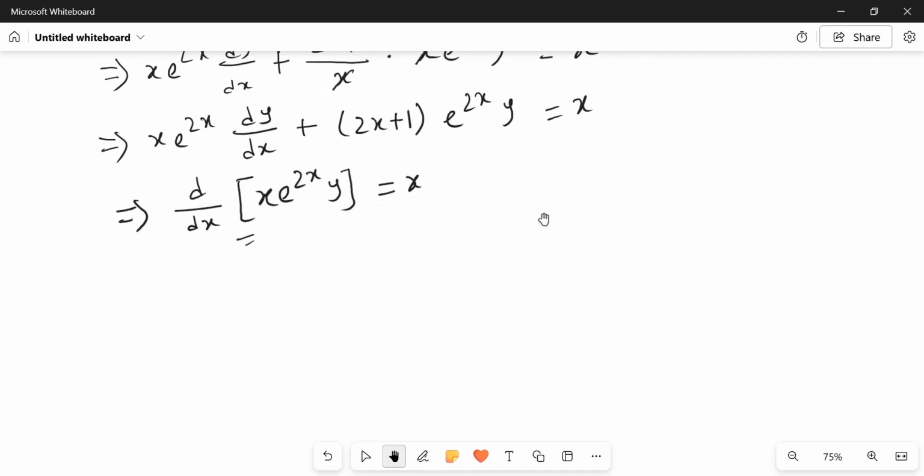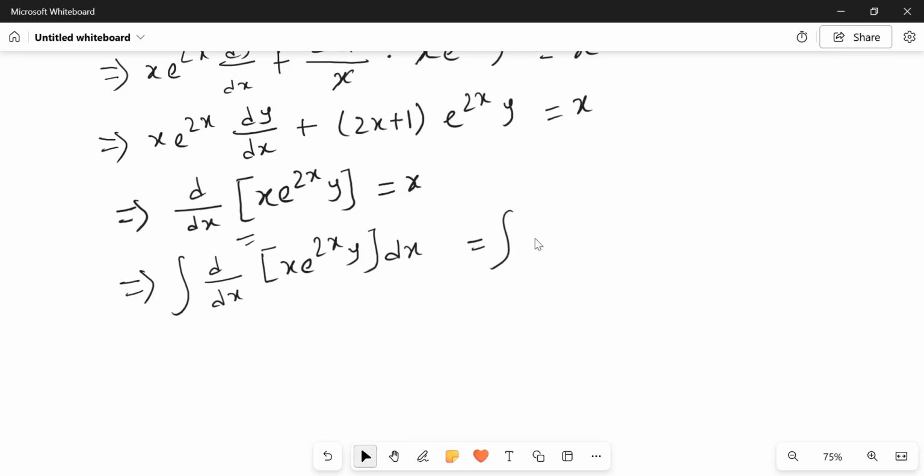Now if we integrate both sides with respect to x, we get the integral of d by dx of (x e to the power 2x y) dx equal to the integral of x dx.